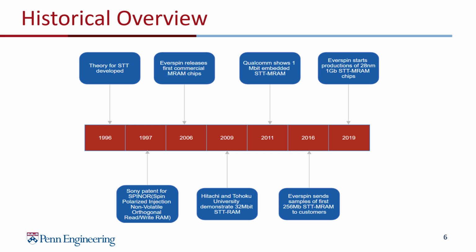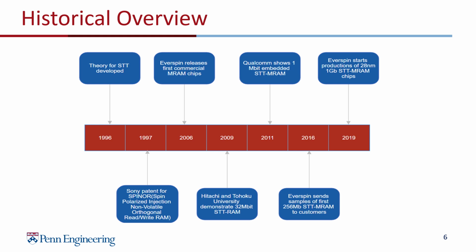In 2006, Everspin released their first commercial MRAM chips, and in 2009, Hitachi and Tohoku University demonstrated 32-megabit STT-MRAM. In 2011, Qualcomm showed a 1-megabit embedded STT-MRAM, and in 2016, Everspin sent samples of their first 256-megabit STT-MRAM to customers.